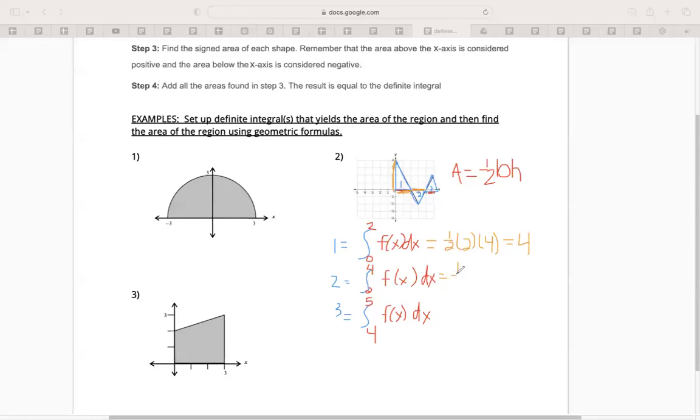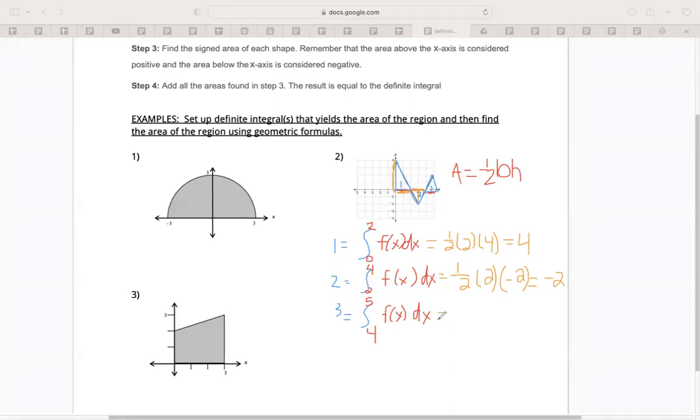So 1/2 base is going to be 2 long, but the height this time isn't positive, it's negative because it's underneath of the graph. So you could make it -2. You could also just find the area and then just make it negative at the end. That also works. So 2 times 2 is -4. Half of -4 is -2. So the area of the second triangle is -2.